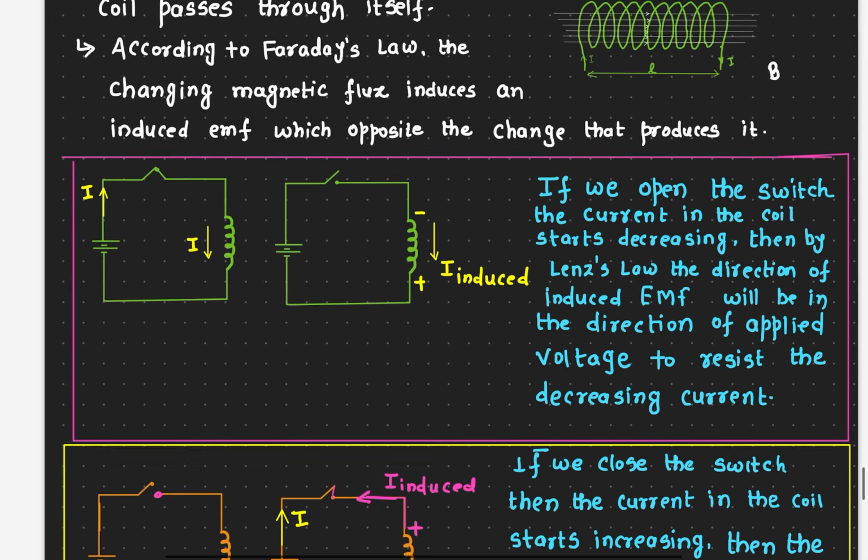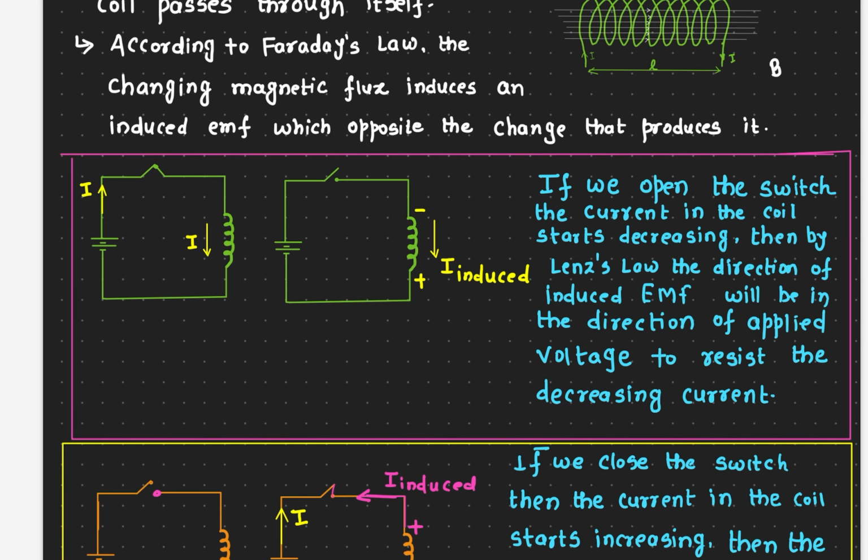Because the current in this case is decreasing, there will be an induced EMF, and the induced current must be in this direction, because originally the current was flowing in this direction. The reason is it would like to have the same magnetic field.